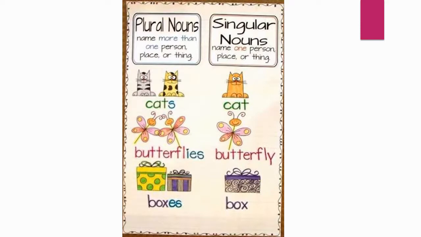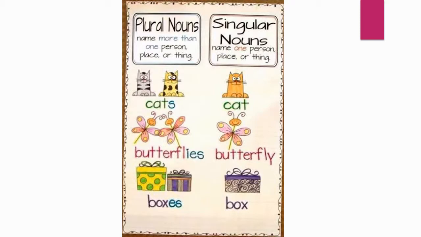As you can see in this picture, there is one cat, and if there are two, then we write cats. If there is only one butterfly, we write butterfly. But if there are many, more than one, then we write butterflies.